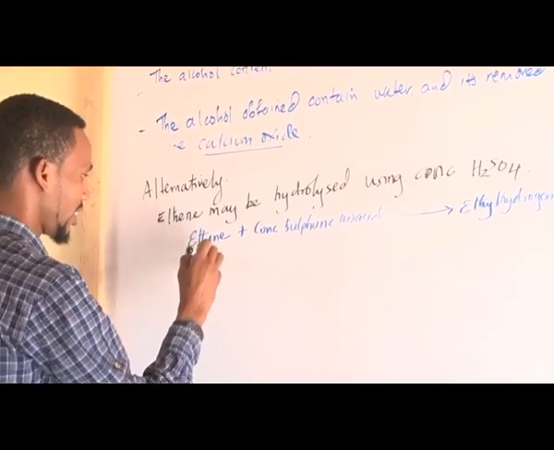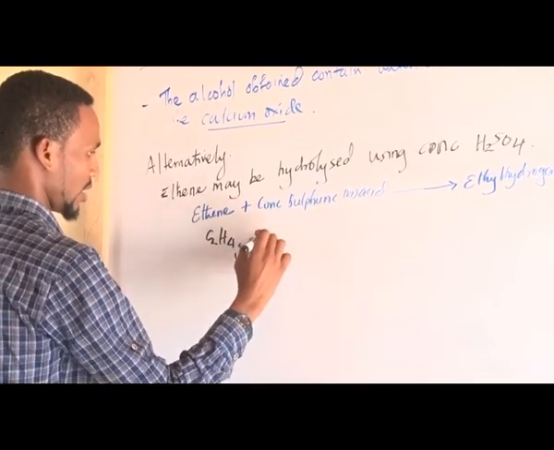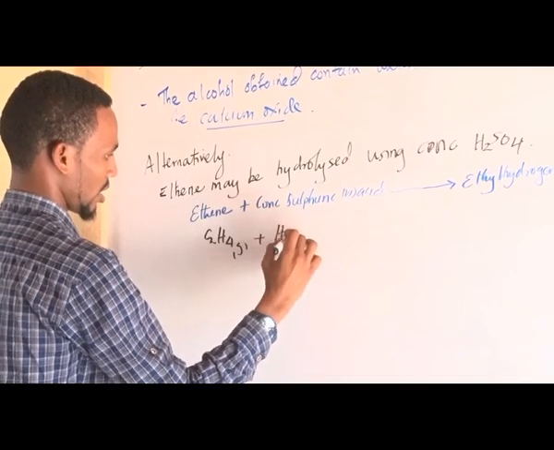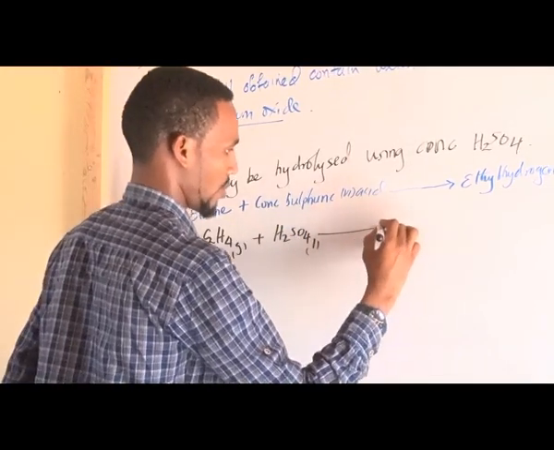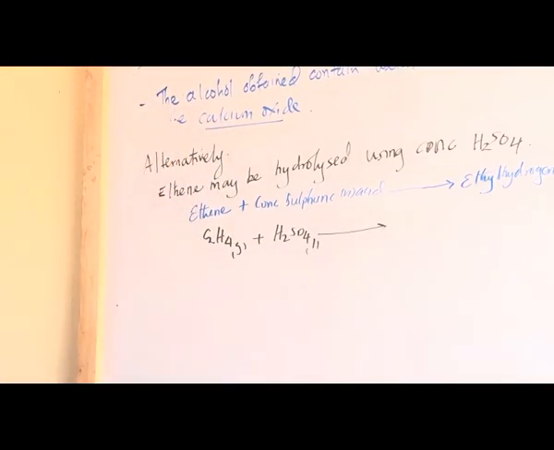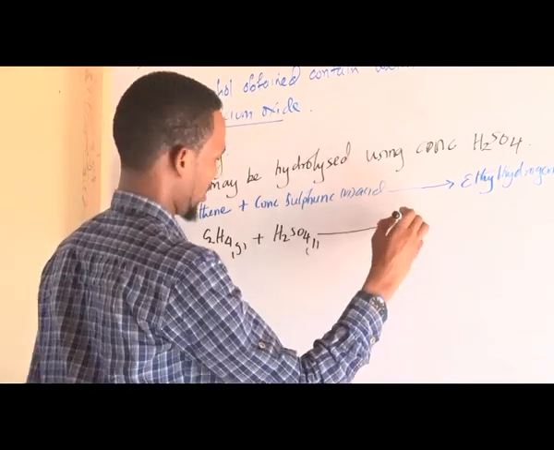The chemical equation is ethene is C2H4 gas, concentrated sulfuric acid is H2SO4 liquid. Now, what you will obtain, how do you write ethyl hydrogen sulfate?